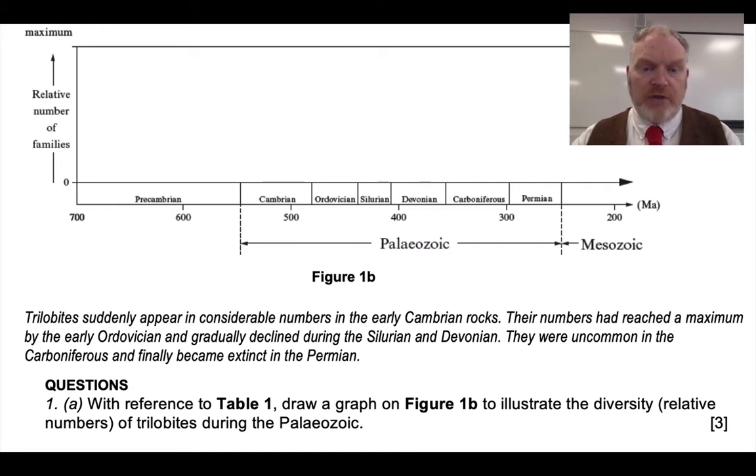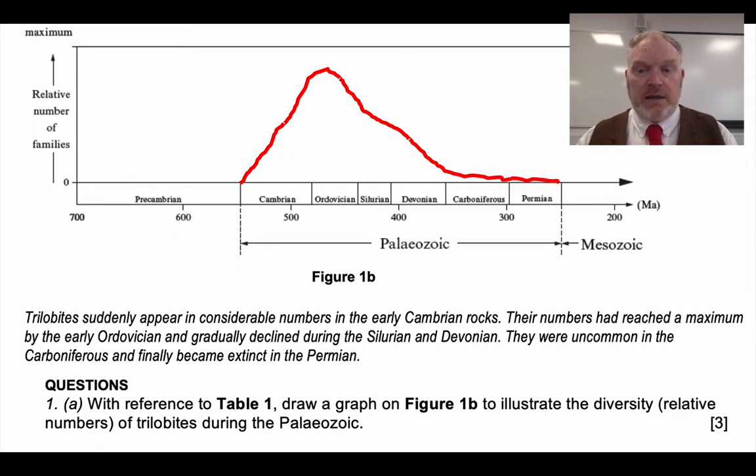So if I draw the graph, we've got them appearing in the Cambrian, diversifying quickly, reaching their peak in the early Ordovician, then declining gradually during the Silurian and Devonian. By the Carboniferous, there's really a very small number, and they eventually disappear in the Permian.